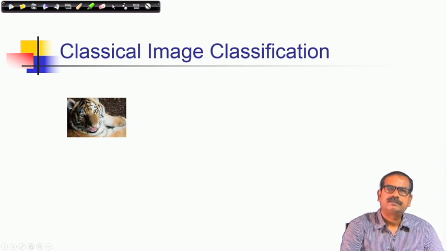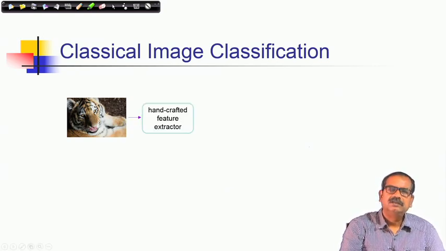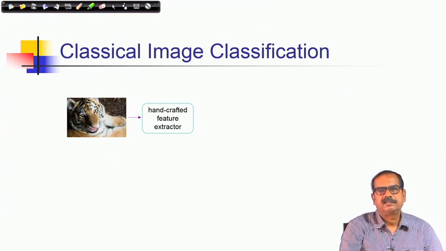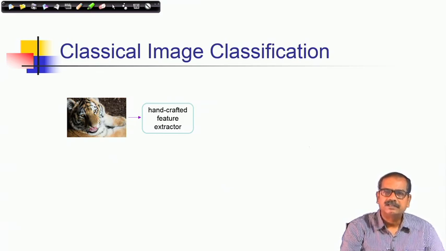In classical image classification, you have an image and you would like to represent this image by some handcrafted features, which means we have studied what could be the distinct features for characterizing this image, and we develop computational algorithms to extract those features. That is what is called handcrafted features. So, it is designed by us, the algorithm is also designed accordingly, and then we extract these features.